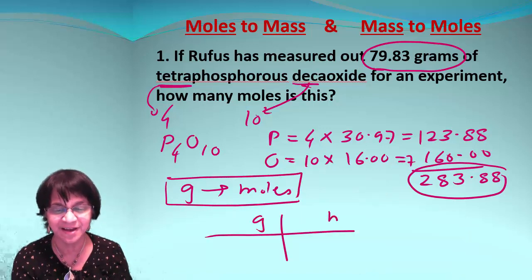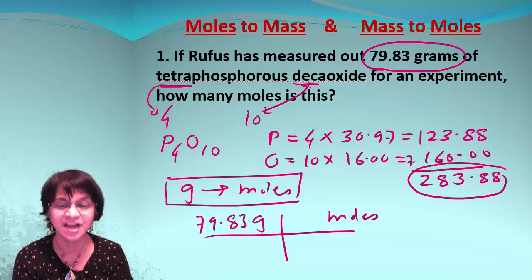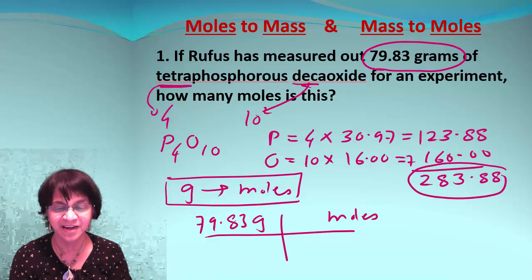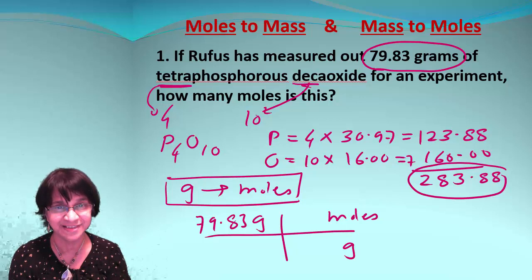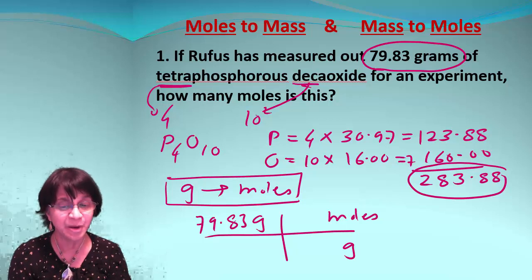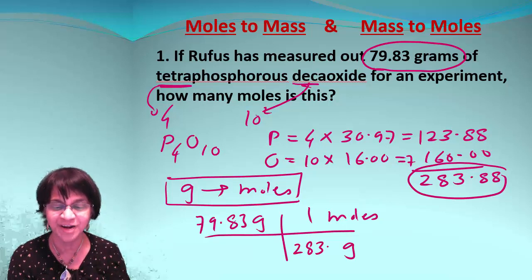Let's put it into our grid. This is our grams, and that's going to be moles. Grams is the given, which is 79.83 grams. And then crisscross, we need to cancel. So that becomes grams. Remember what we always said, mole is always number 1. And when it says grams, that is the molar mass of the compound.